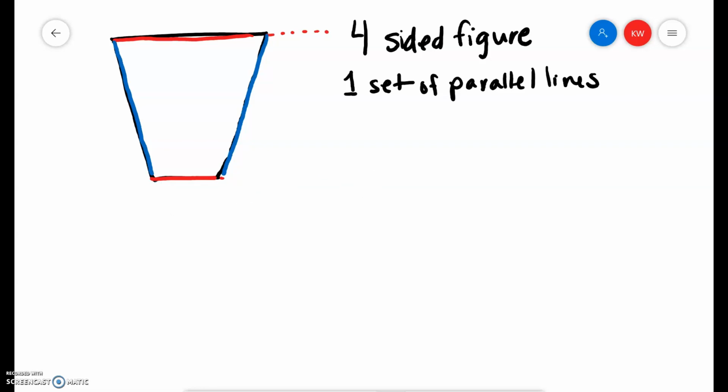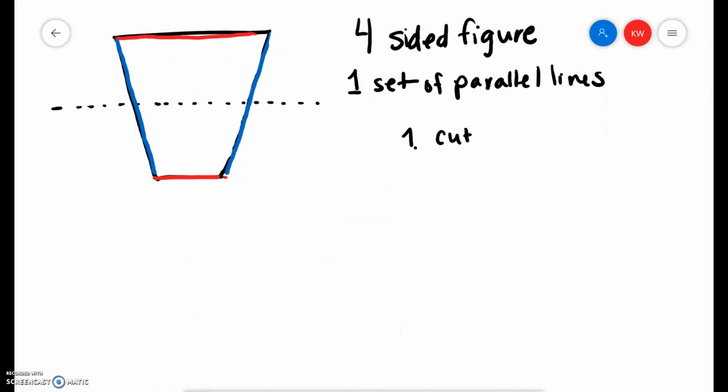What we also know about a trapezoid is that we can decompose, or cut apart, a shape into other shapes. That way we can build a shape we're already familiar with. So I'm going to chop this trapezoid in half. The first thing I did, number one, was cut the trapezoid in half.